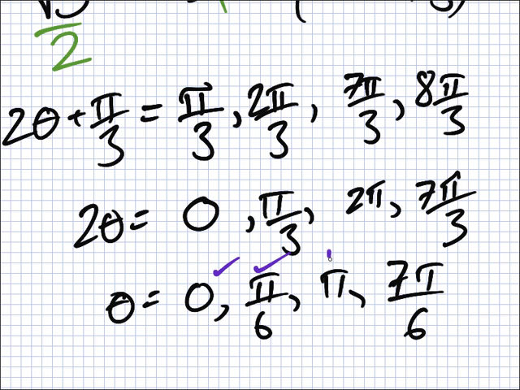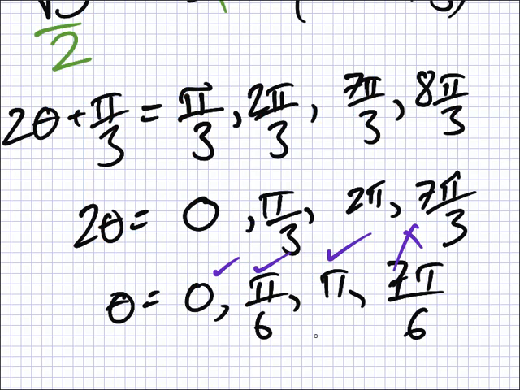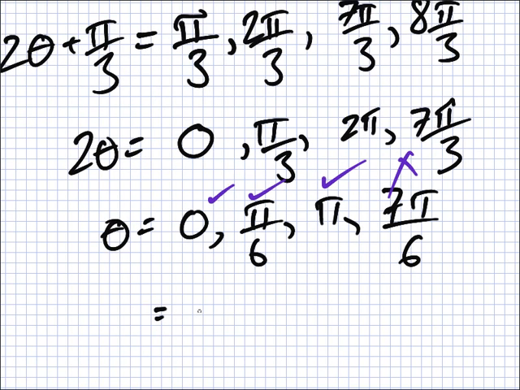Okay, not okay, because it's too big. So we minus 2 pi, which gives me a negative answer, doesn't it? It's minus 5 pi over 6. Again, typo. So it's minus 5 over 6 pi, 0, pi over 6 and pi.